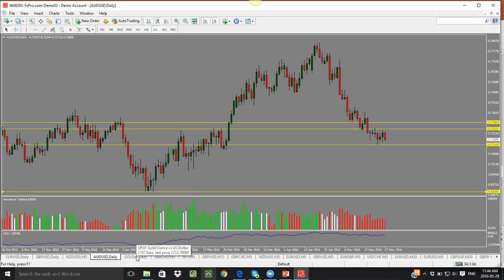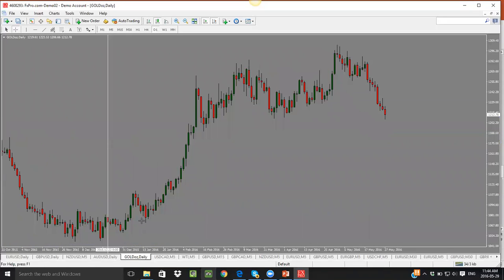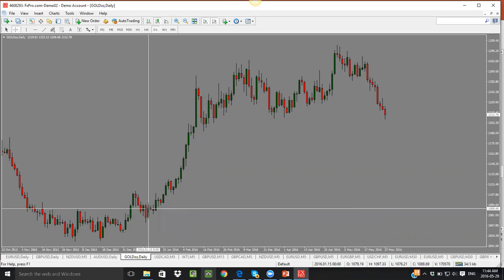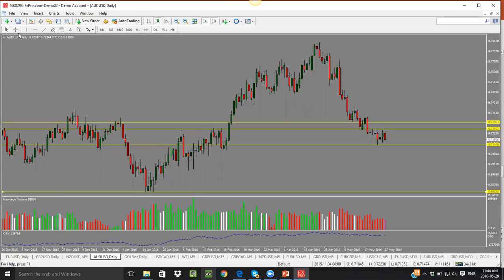So that's what we're looking for. Anytime you see a divergence, where gold is going up and Australian dollar is going down, wait for Australian dollar to bottom out, and you're looking for a buy then. It's the same thing here. So this is January 15th. We close very, very bullish. And as you can see here, January 15th, we were down on Australian dollar.